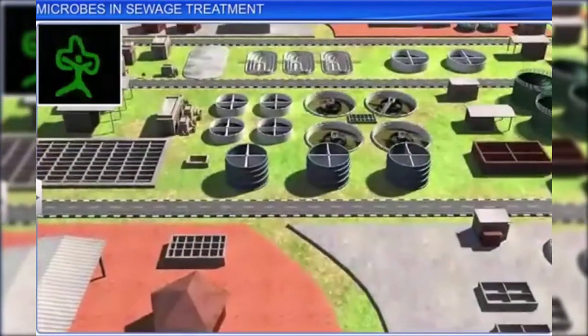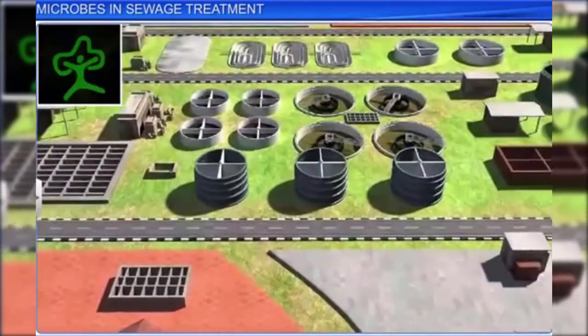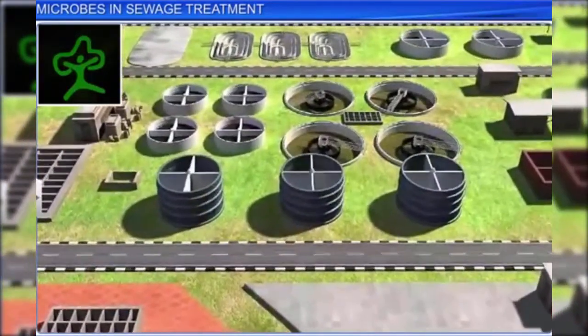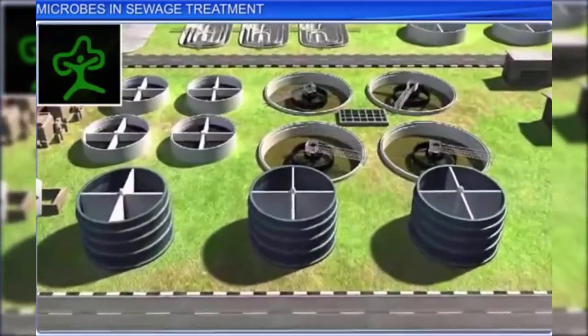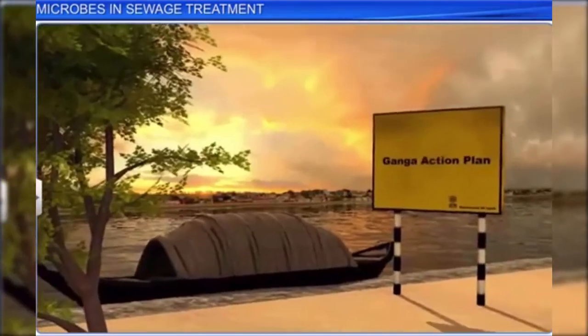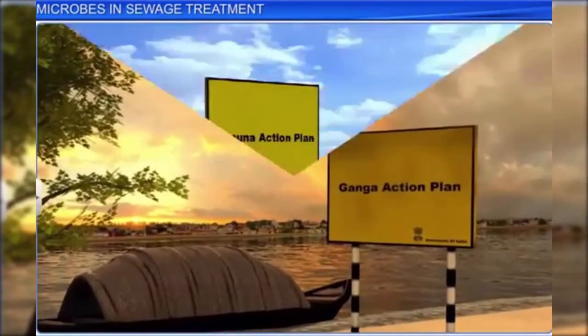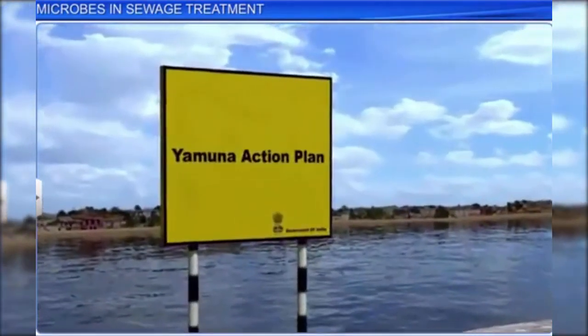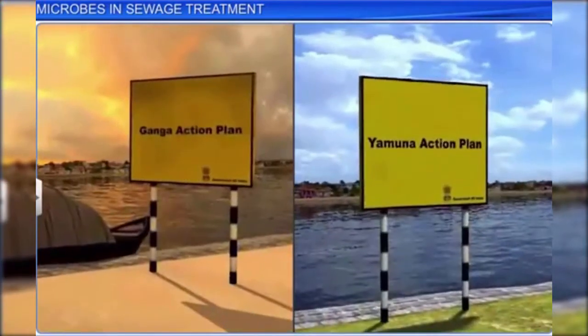That is why the Ministry of Environment and Forests has produced the construction of a large number of sewage treatment plants under the Ganga Action Plan and Yamuna Action Plan to save major rivers like the Ganga and Yamuna.